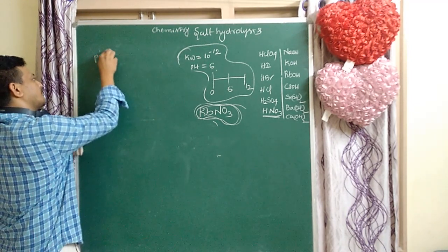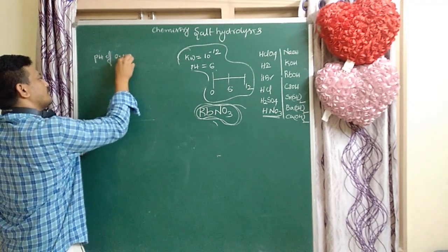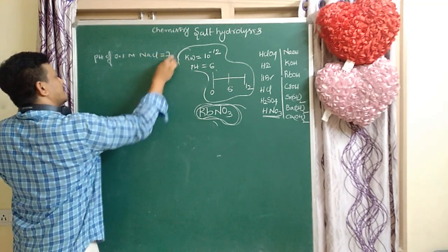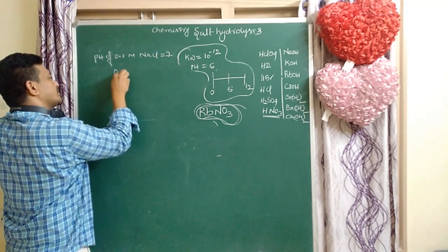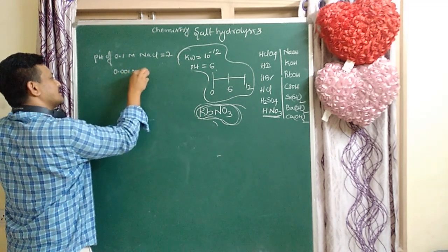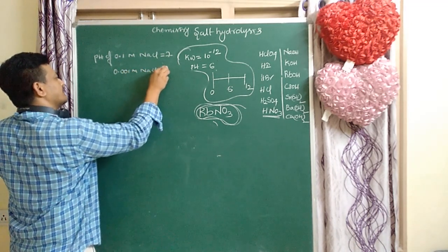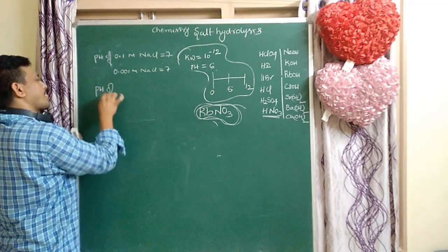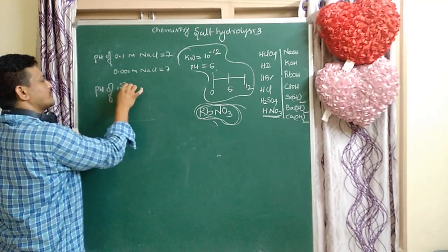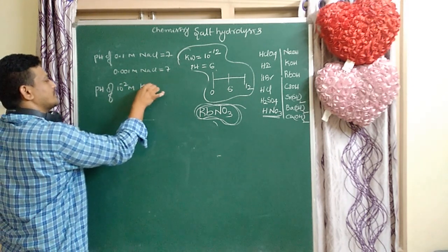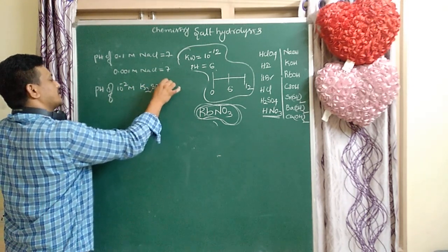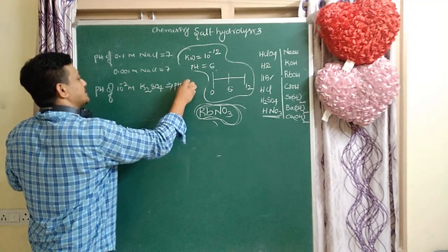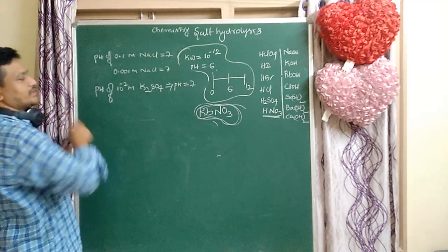So the pH of 0.1 M NaCl solution equals 7 and the pH of 0.01 M NaCl solution is also 7. Next, the pH of 10 power minus 2 M K2SO4 solution. What is the pH of that aqueous solution? The pH equals 7 at room temperature.